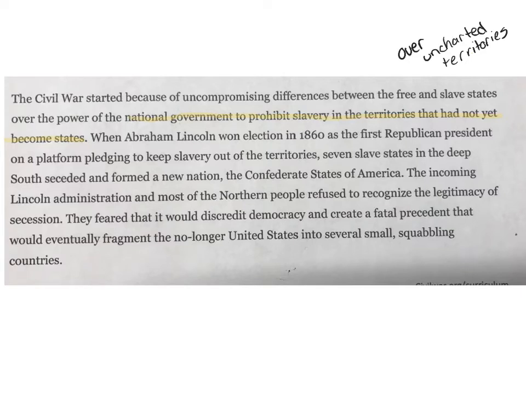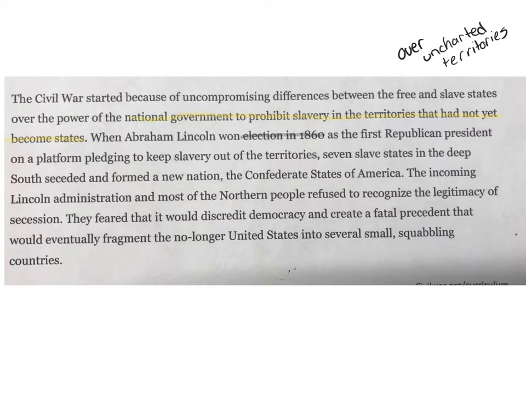So let's continue. When Abraham Lincoln won election in 1860, so again, election in 1860, as the first Republican president on a platform pledging to keep slavery out of the territories, 7 slave states in the Deep South seceded and formed a new nation, the Confederate States of America.